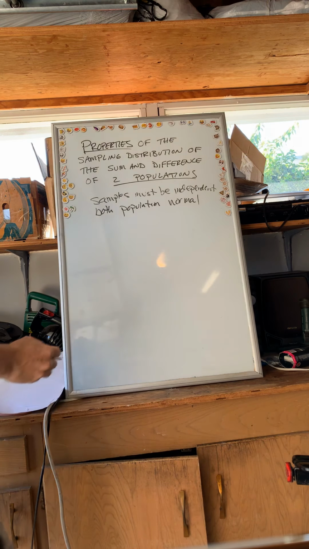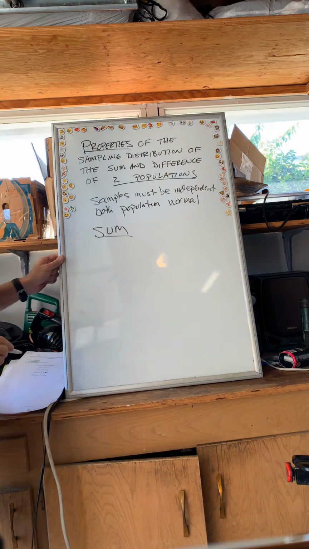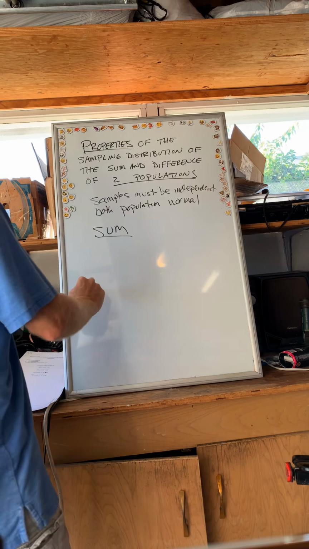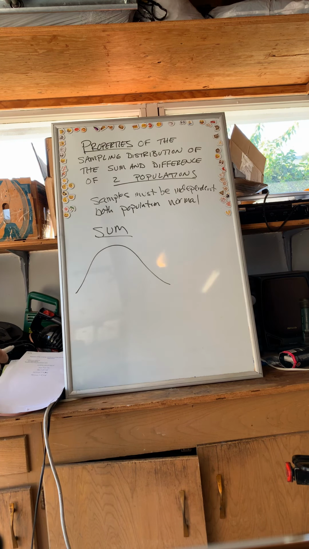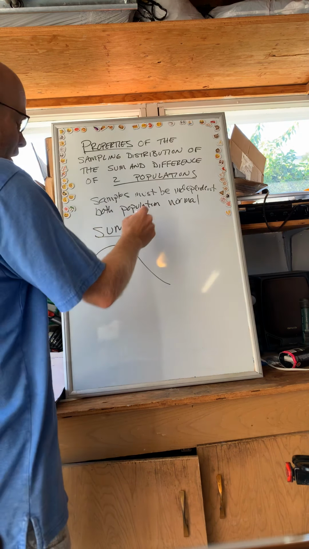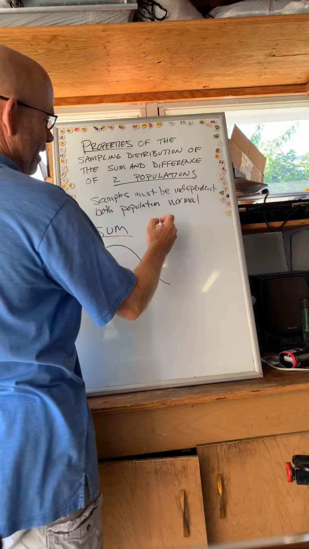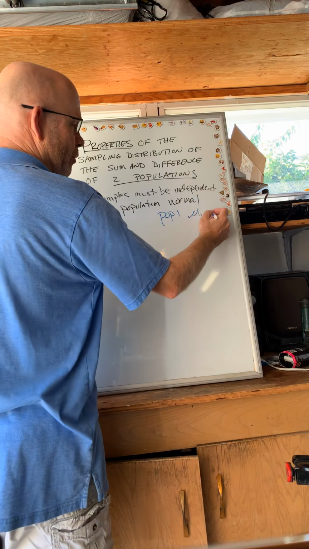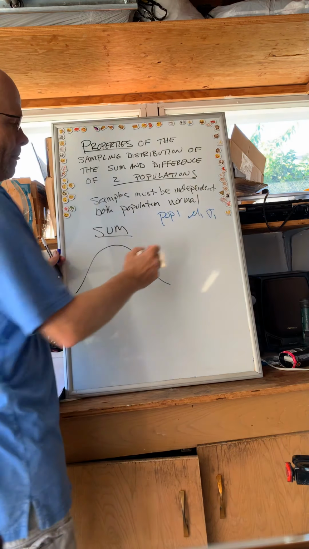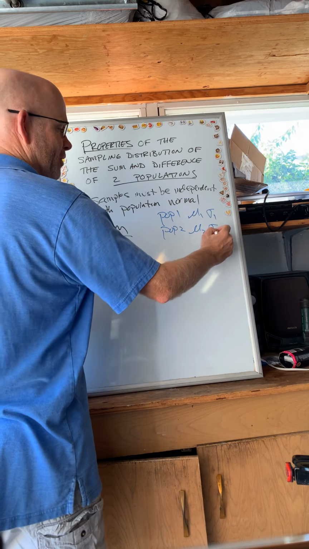All right. So here are the properties. We'll do the properties of the sum first. I'm going to draw it on a normal curve. Properties of the sum. The curve will be normal as long as both the populations are normal. Let's say population 1 has mean 1 and standard deviation 1, and population 2 has mean 2 and standard deviation 2.